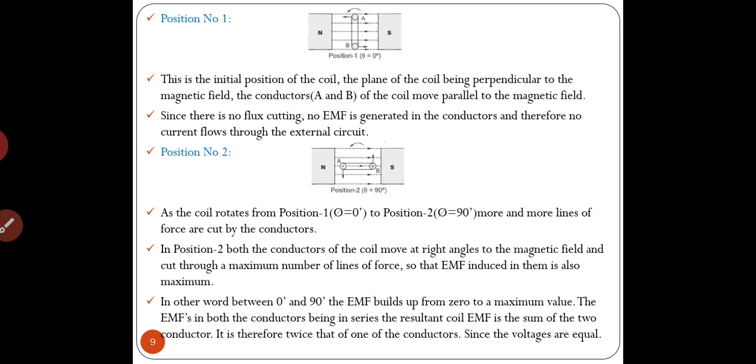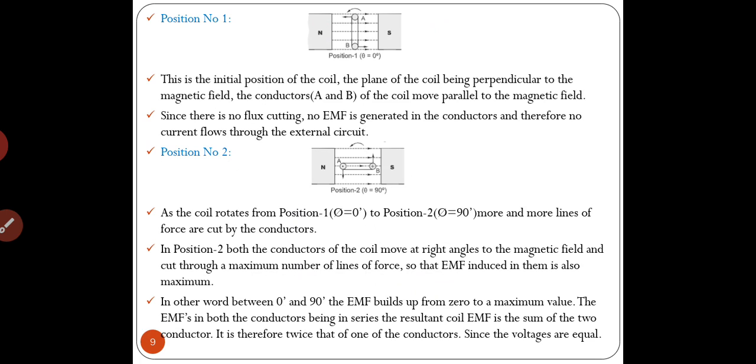The first position is the initial position of the coil, the plane of the coil being perpendicular to the magnetic field. The conductors A and B of the coil move parallel to the magnetic field.